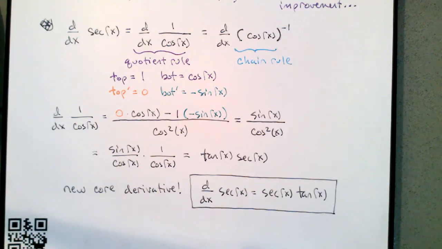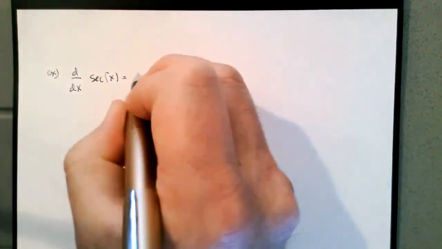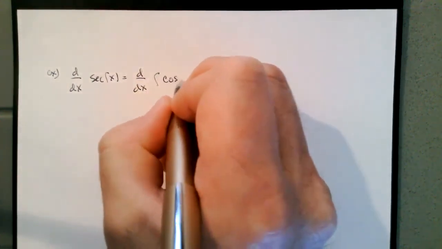Now we can also find the derivative of secant by thinking of the reciprocal of cosine. So let's look at this as a chain rule problem. Instead of thinking of the quotient rule, we think of the derivative of secant x as the derivative of the reciprocal of cosine.